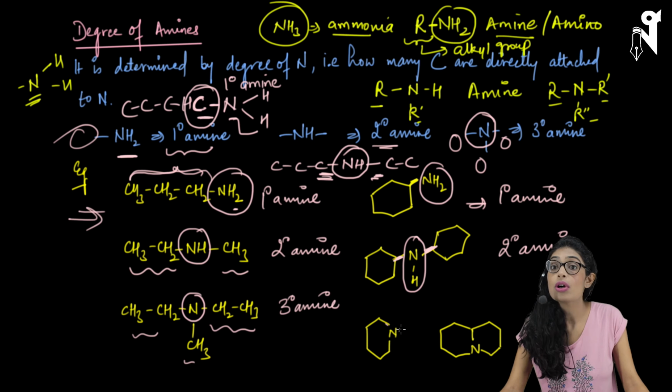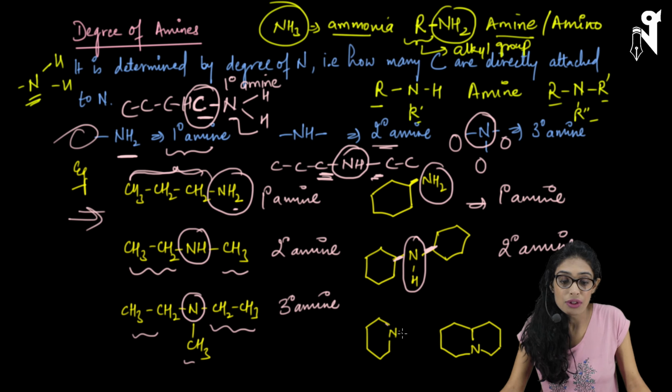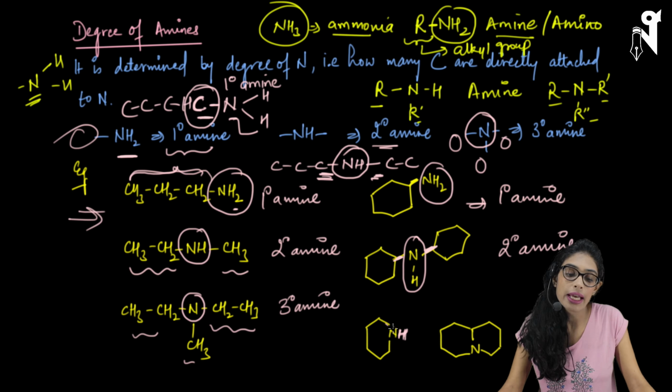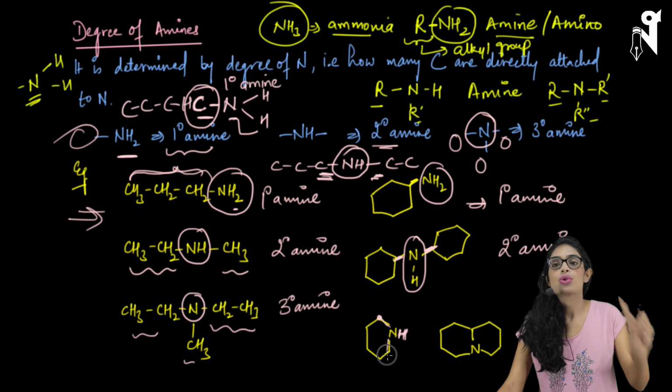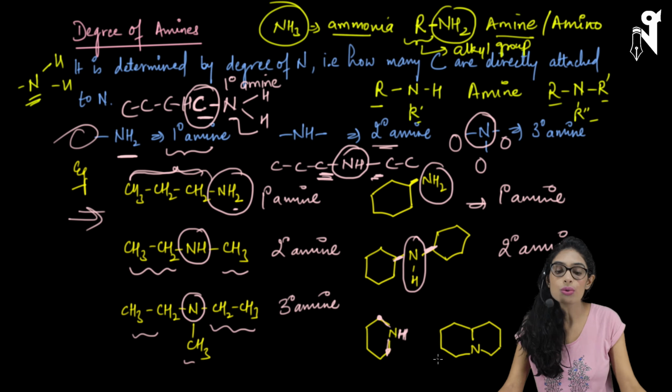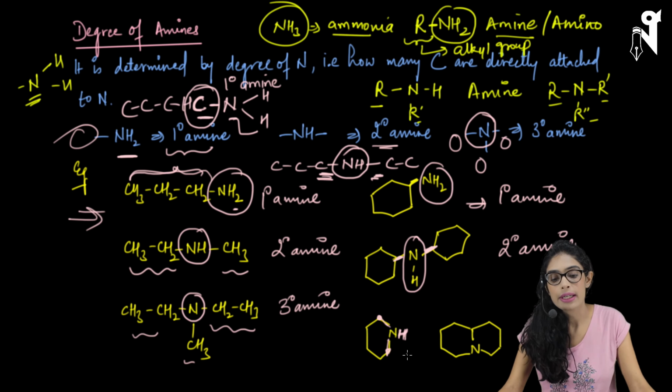There is a chance they may not write hydrogen, and you have to use your common sense that they have just not written it. Here it was my mistake. So it is NH, attached to one carbon chain over here and one carbon chain over here. So it is attached to two carbon chains, and hence it will be called a secondary amine.